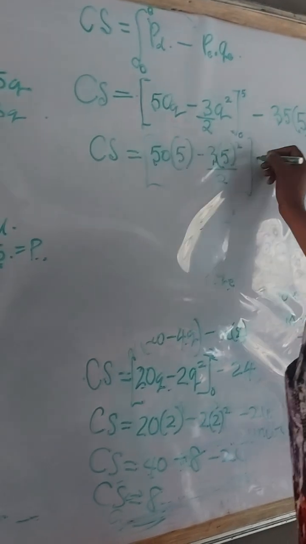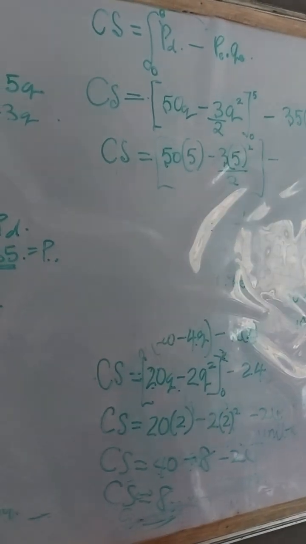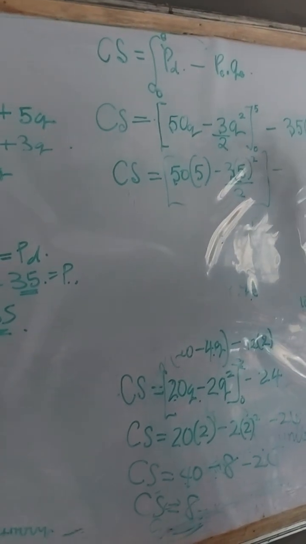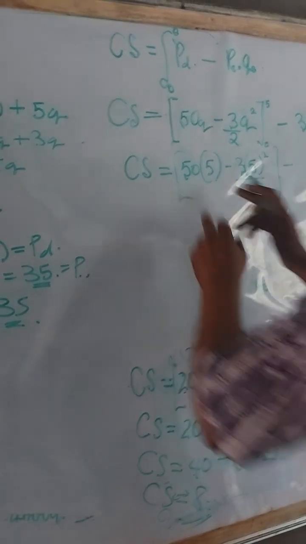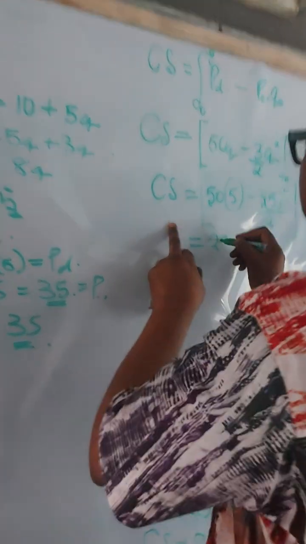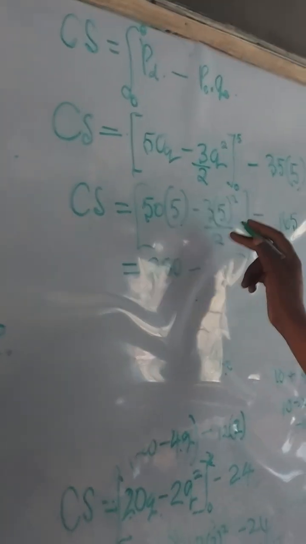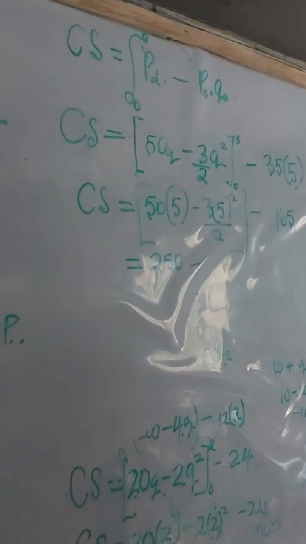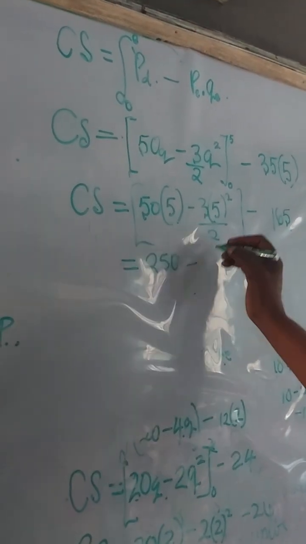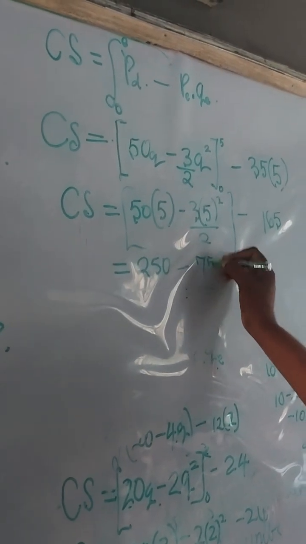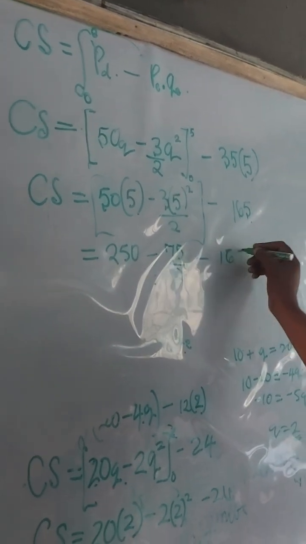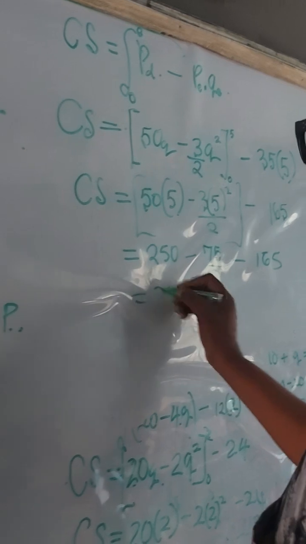Minus 5 times 35, which is 175. So that is 250 minus 3 times 5 raised to power 2, that is 25, that's 75 divided by 2, minus 175.